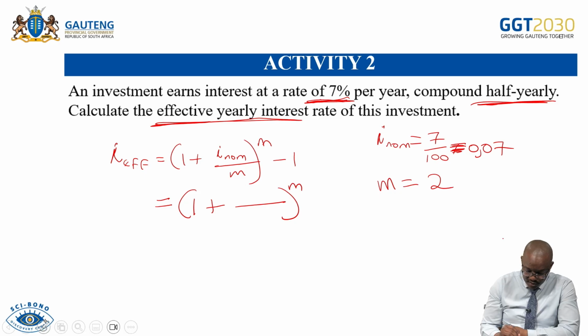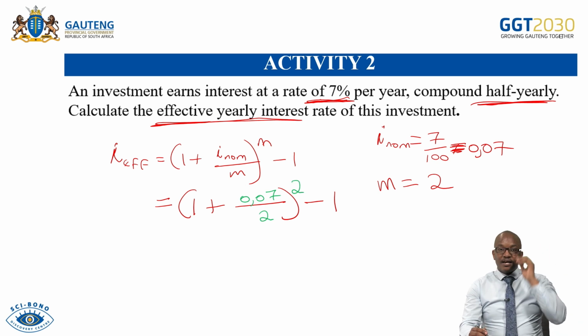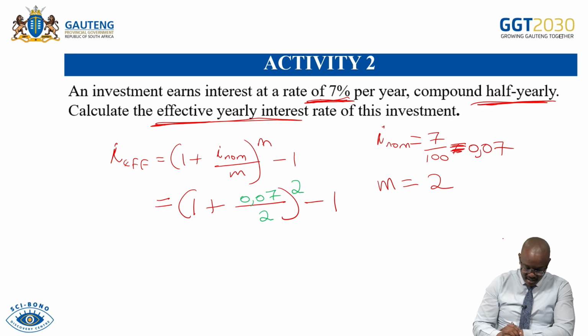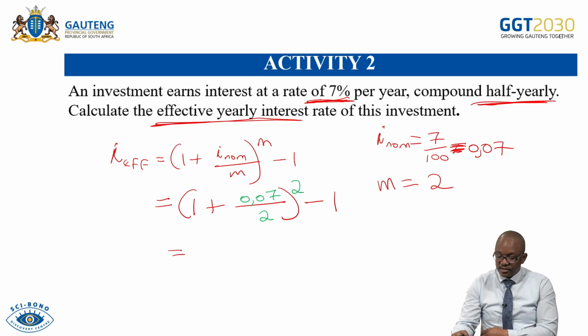We have to substitute there, minus 1. So let's deal with our substitution. I norm, we agree, is 0.07. Then we have 2 there and 2 there, since it is half yearly. Then from there, what do we do? We have to punch it into our calculator.